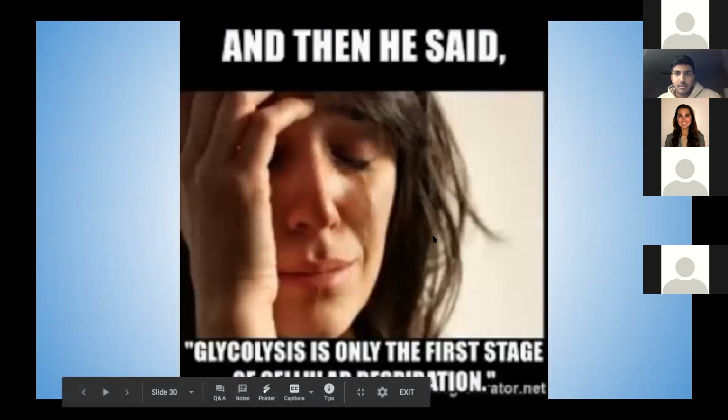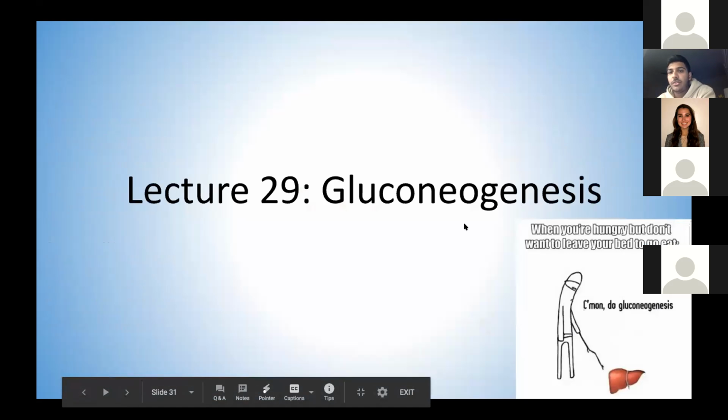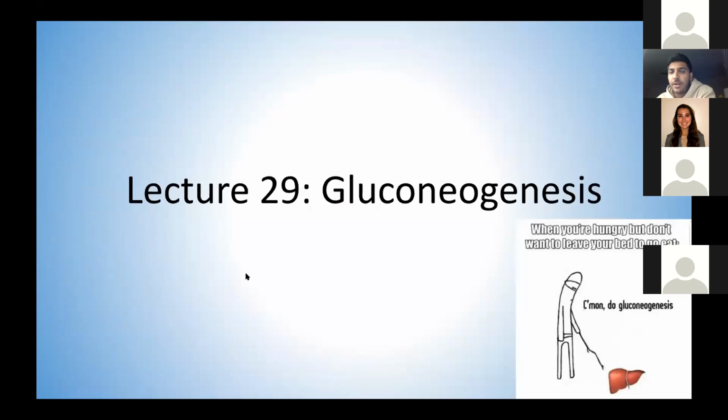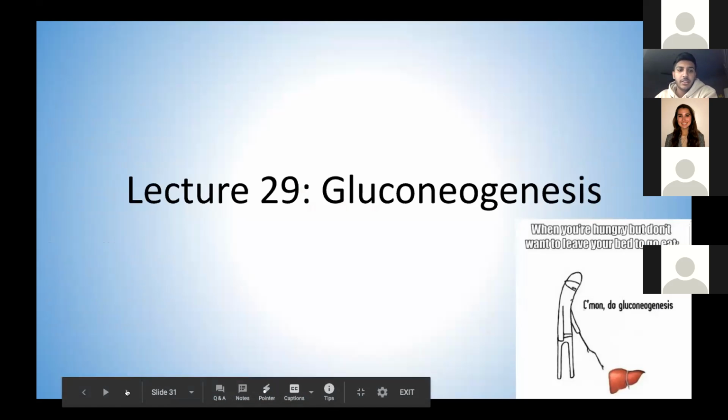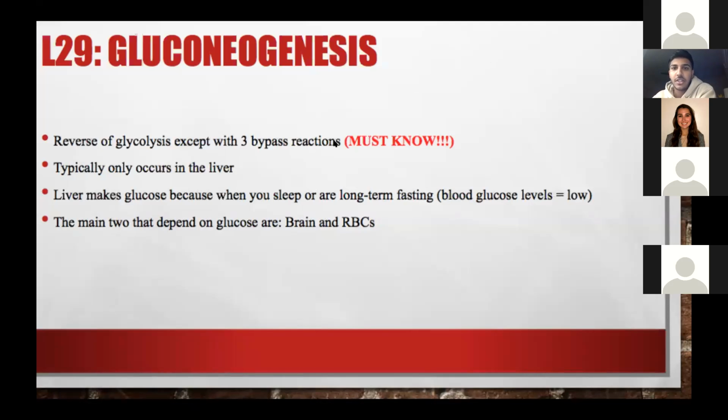So next, this is just a meme for you guys, but next I'll be covering gluconeogenesis. Okay, so for gluconeogenesis, genesis obviously means to make, and gluco precedes that term, so we're making glucose. Gluconeogenesis is going to be the reverse of glycolysis, but it's going to have 3 bypass reactions that you guys got to know.